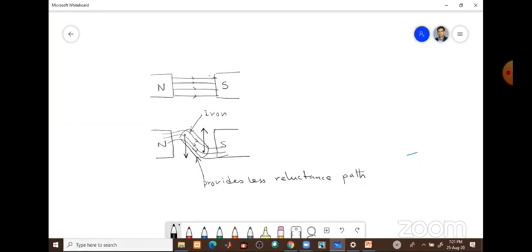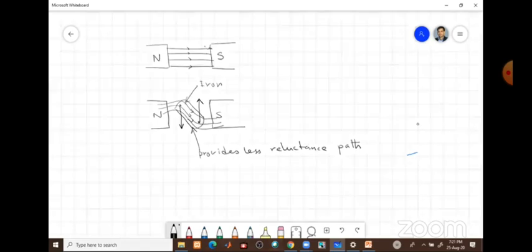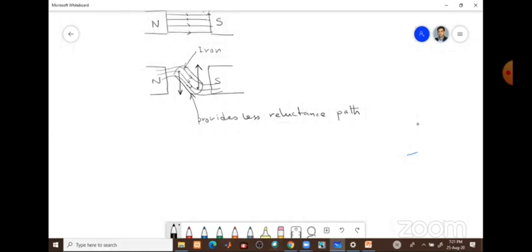So the next figure which I will draw will be the next position of the iron bar. These forces will pull down the iron core into this configuration, and the iron core will be stable in this configuration, though there will also be some bending of the magnetic flux in this case also.